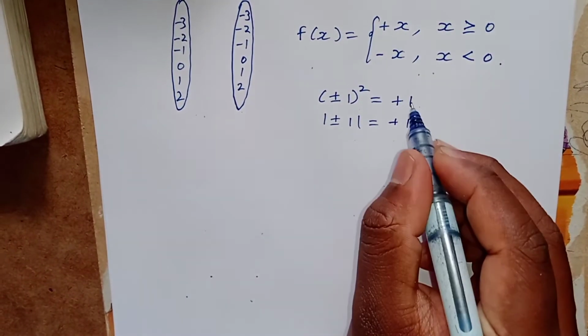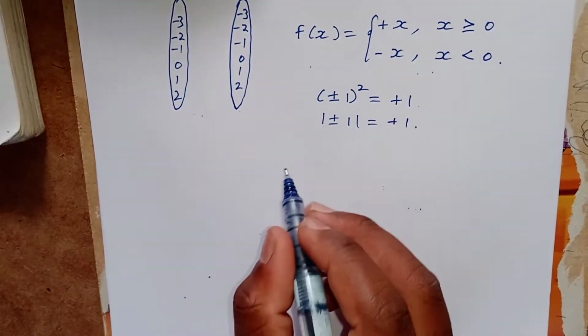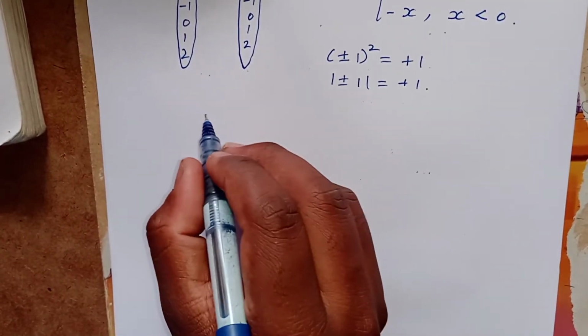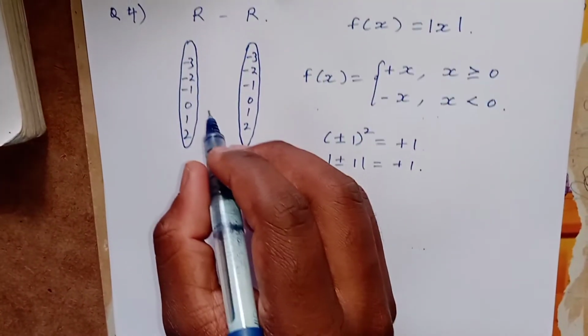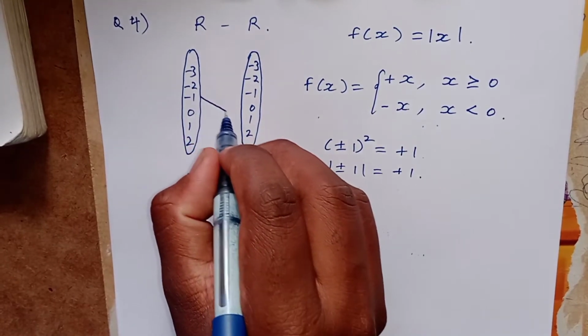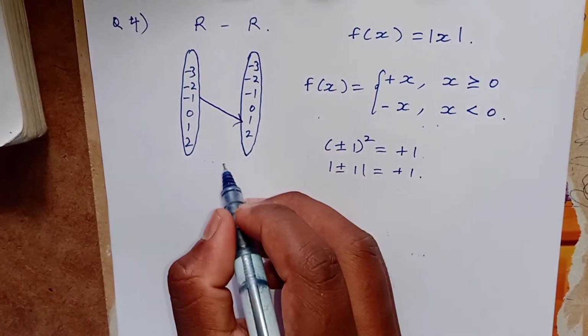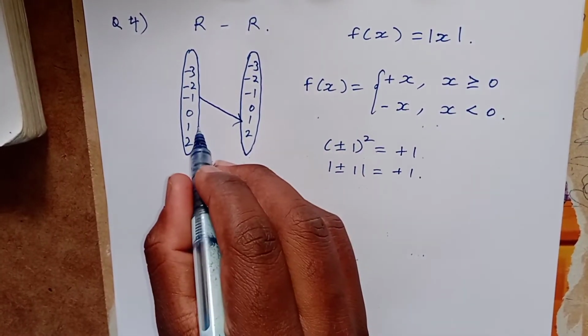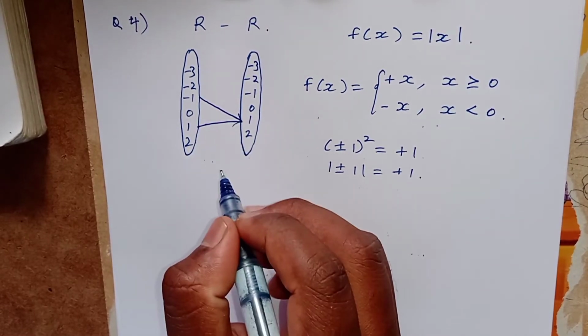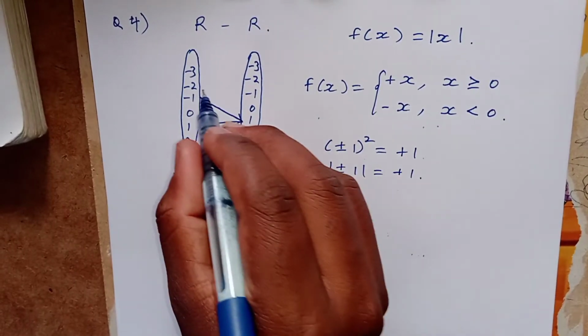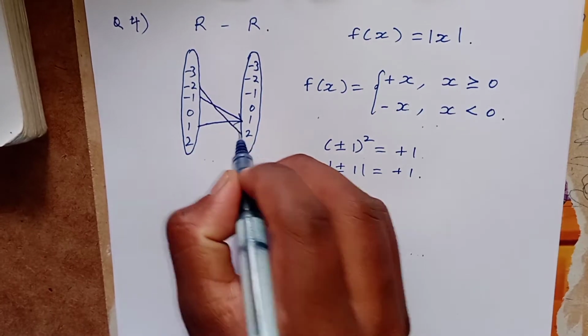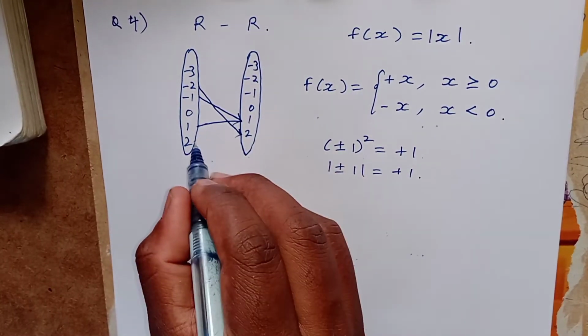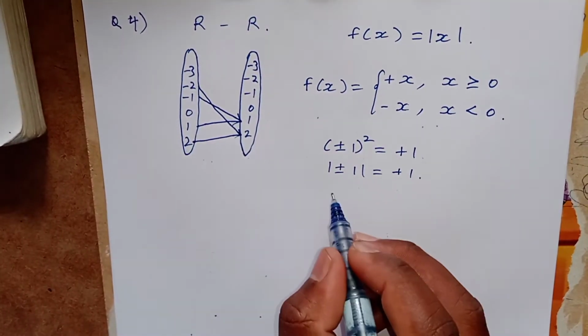Okay, it is similar to square. Therefore if I take -1, then it will become 1. If I take +1, the same +1. If I take -2, it will become +2. If I take 2, it will become 2.